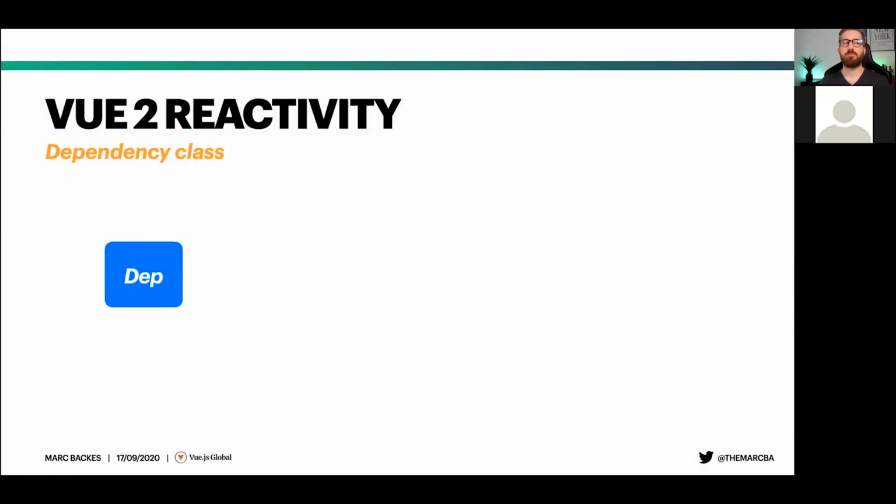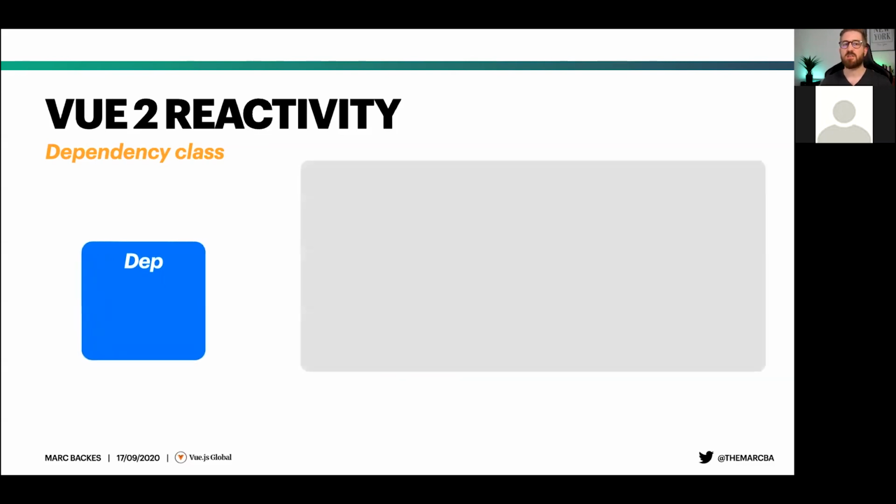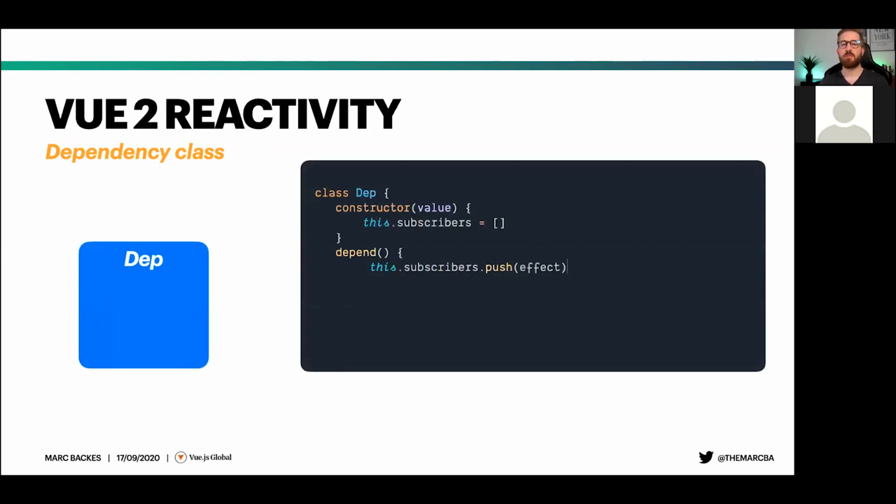So the dependency class, how does it work? Well, it implements the observer pattern. It records little functions, so-called effects, which are side effects that need to be rerun when there are changes, and there's a notify function. It notifies when changes happen. It looks something like this, a little bit more complex, but basically like this.